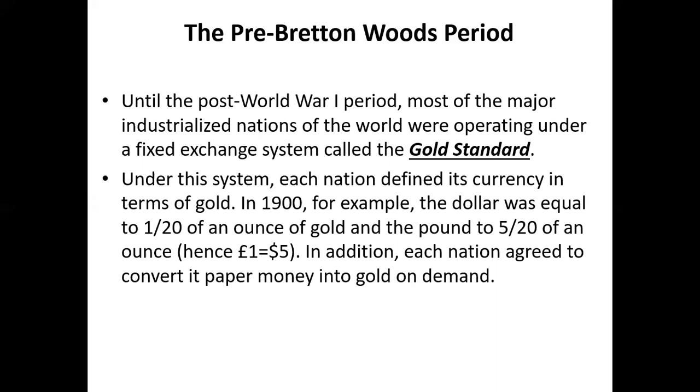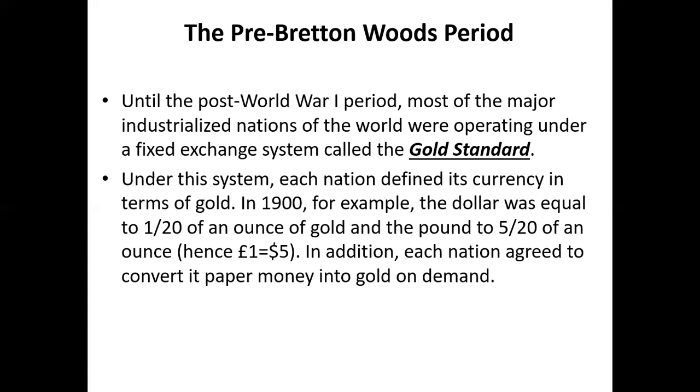Whereas the pound was equal to 5/20 of an ounce. That means 1 pound would be equal to $5. Or to get 1 pound, you may have to give $5.